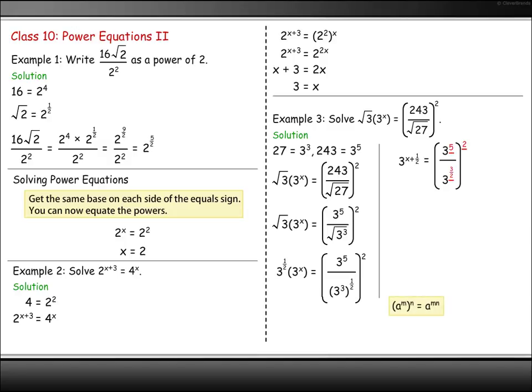Multiply the 2 by each of the powers in the bracket. Now equate the powers. Solve for x to get a solution of 13 over 2.